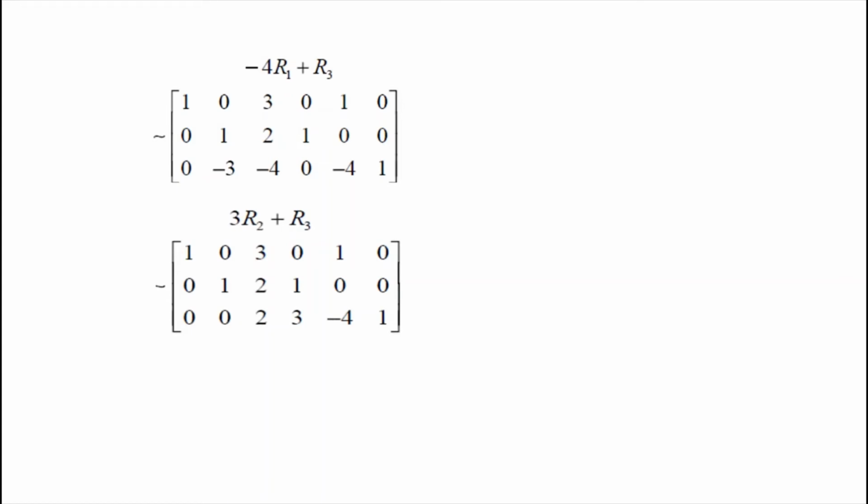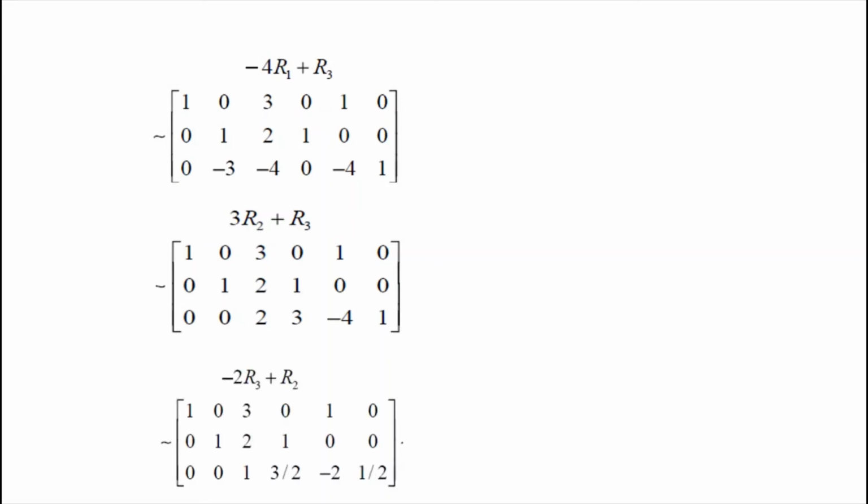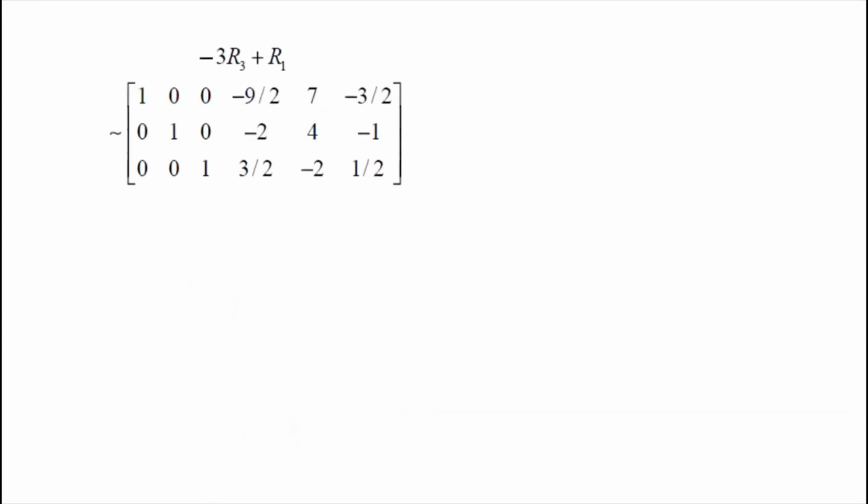Next we apply 3R2 plus R3 to obtain 0 in the last entry of the second column. Similarly, minus 2R3 plus R2 changes the third column's last entry to 1. And at the end, minus 3R3 plus R1 changes our A matrix into the identity matrix.